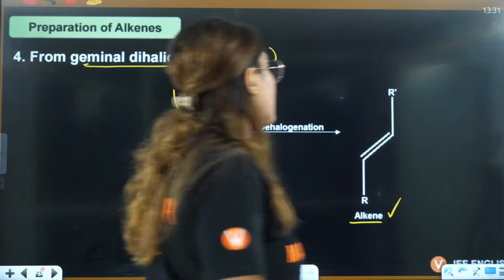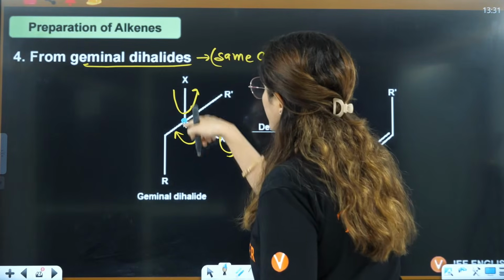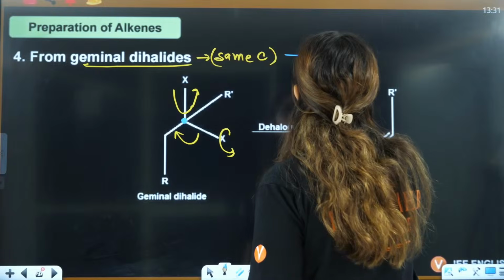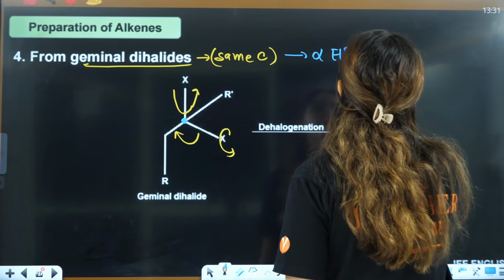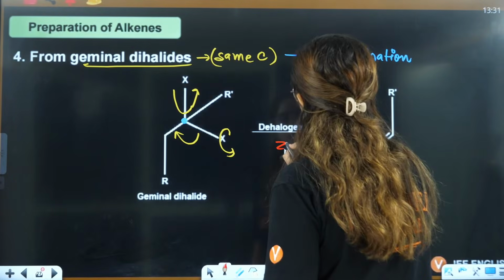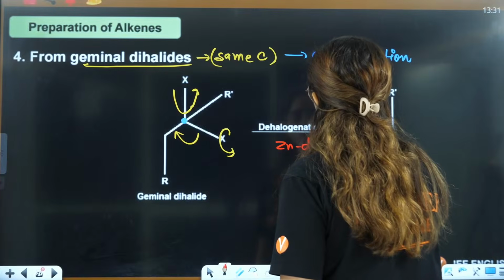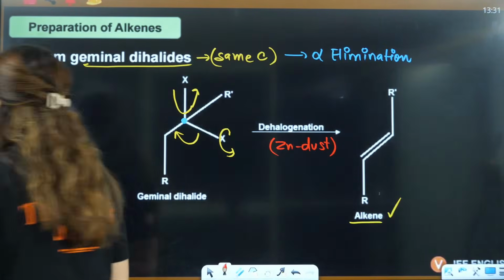Very good, Abhishek. Alpha, because from the same carbon 2 groups are leaving. So that is alpha elimination. And here also zinc dust is used as a reagent.